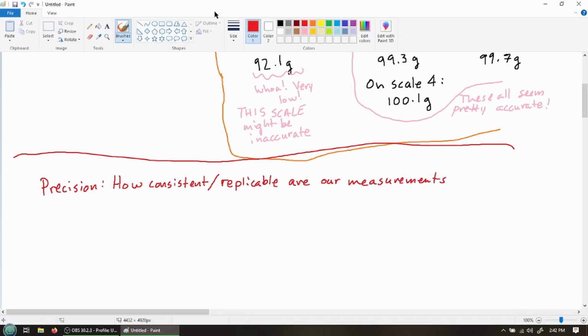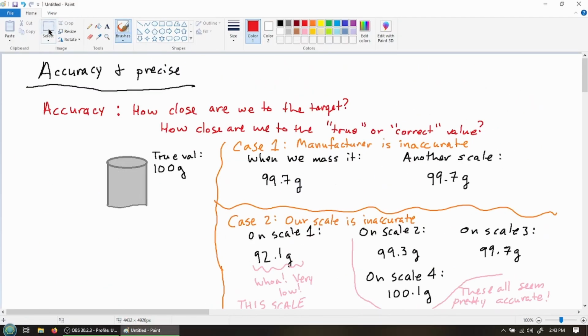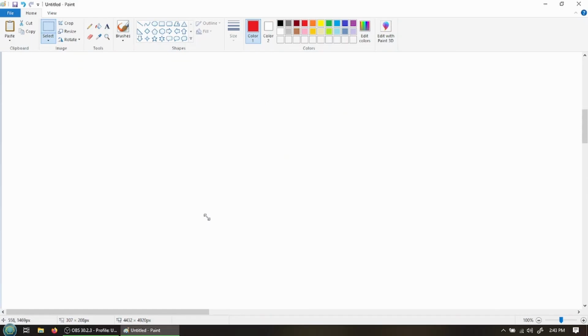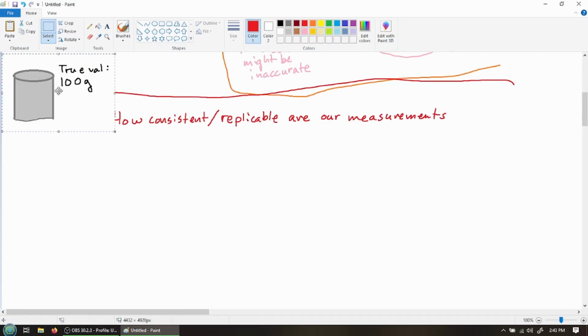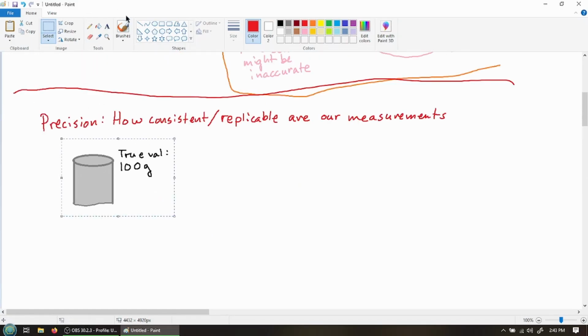Okay, so let's bring back our little stainless steel friend here. And what we're going to say is, let's pick a new color. Okay, so case 1, we're going to say, in case 1, we're pretty precise.